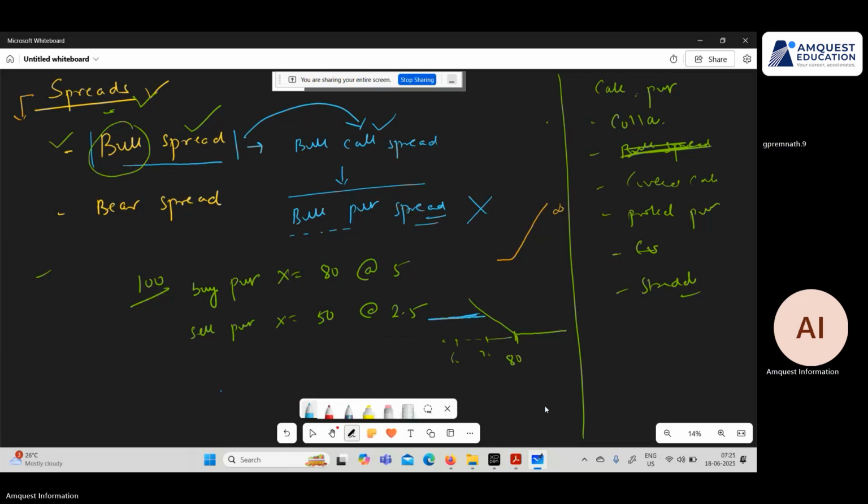I would only be able to earn this much, which is 80 minus 50. So effectively I will be earning 30 rupees just in case the price goes down to zero. Assume the price goes down to zero, we will earn 30 rupees, right? And we paid how much? 5, and we received 2.5.